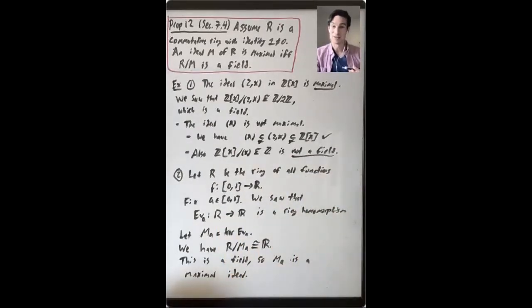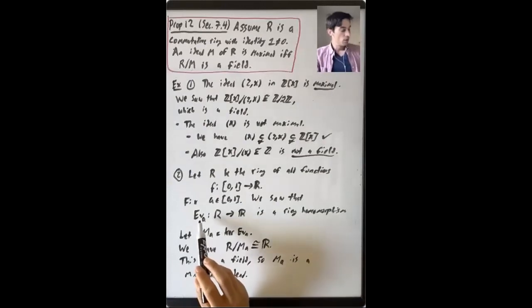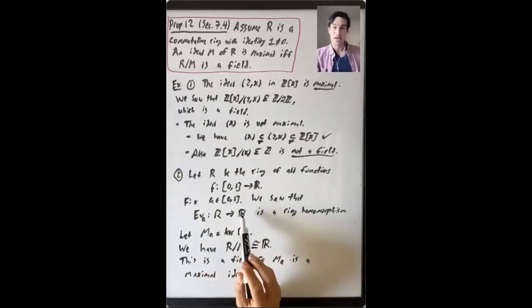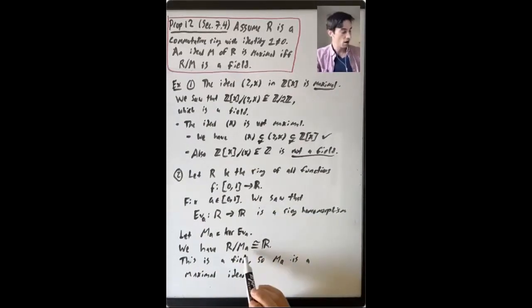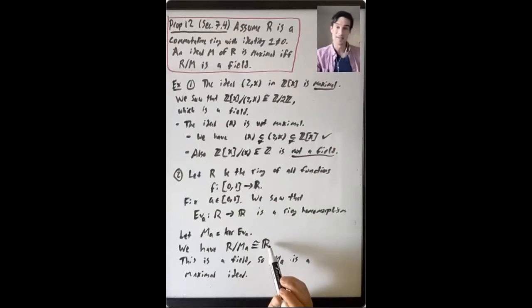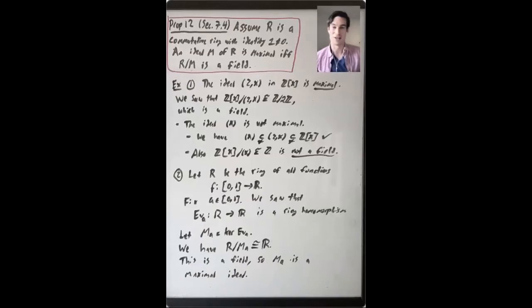Is it maximal? Well, what else is true about this evaluation function? It's a surjective ring homomorphism. So we apply the first isomorphism theorem for rings and see that R mod this ideal is isomorphic to the real numbers R. And this is a field. So that means that this ideal M_a is a maximal ideal. So this proposition is a really, really useful way to check whether an ideal in a commutative ring with unity is a maximal ideal.